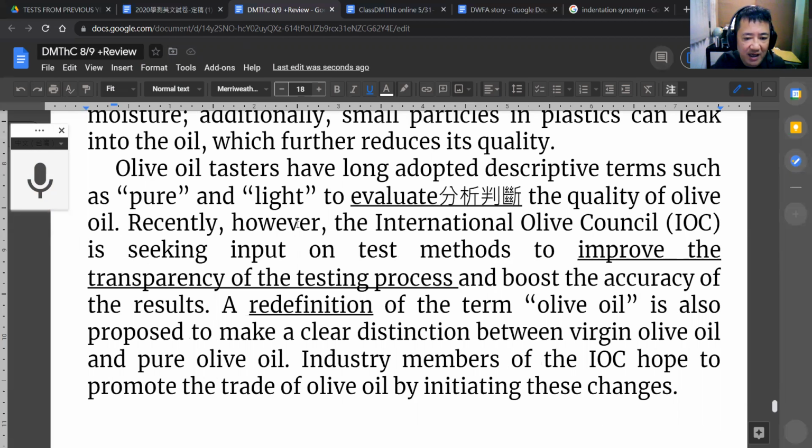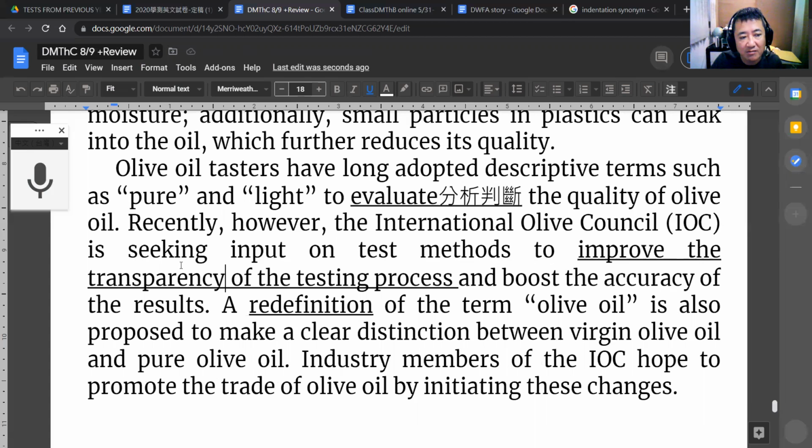So recently, however, the International Olive Oil Council, believe it or not, there is an organization that decides what is good olive oil and what is bad olive oil, okay? The International Olive Oil Council is seeking input on test methods to improve the transparency of the testing process, to 把这个 testing process 透明化, huh, right?